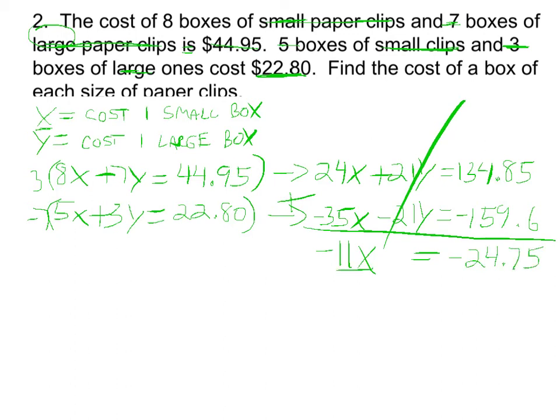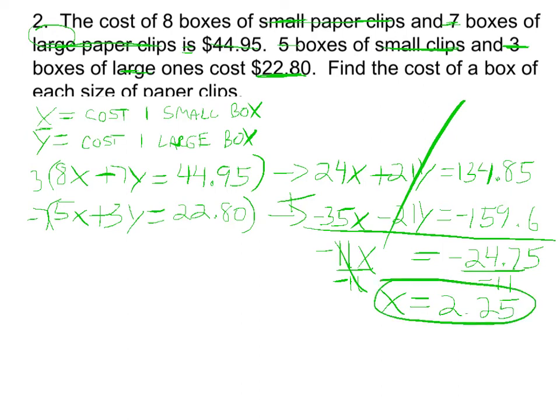So then I'm going to divide both sides by negative 11. The negatives are going to cancel out. So I take this, divide it by negative 11, and we get $2.25. Now the $2.25, what that represents, I always go back to the setup. X is $2.25. Well, that's the cost of one small box. Now if I want to find Y, one large box, it's the same thing we've been doing.